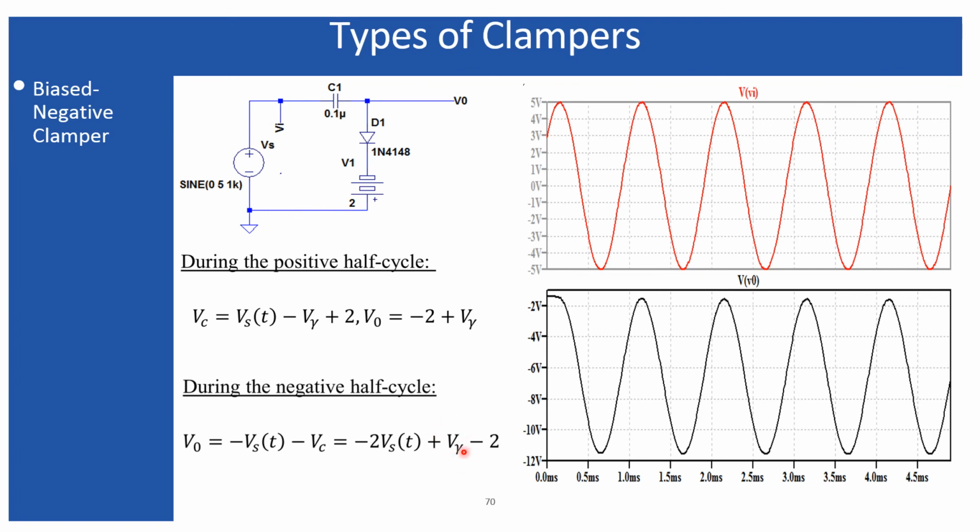So the V gamma is 0.7 volt for silicon diode, and that will be minus 12 volt plus 0.7 volt, which represents the minus 11.3 volt. So that is why it is slightly less than minus 12 volt, and this level is minus 11.3 volt. Unlike the previous ones, this is representing the transient state.